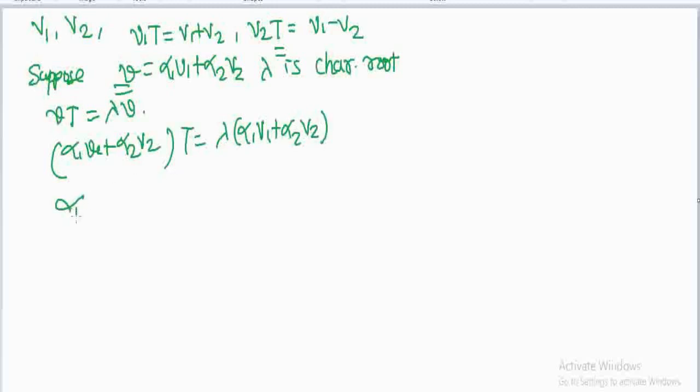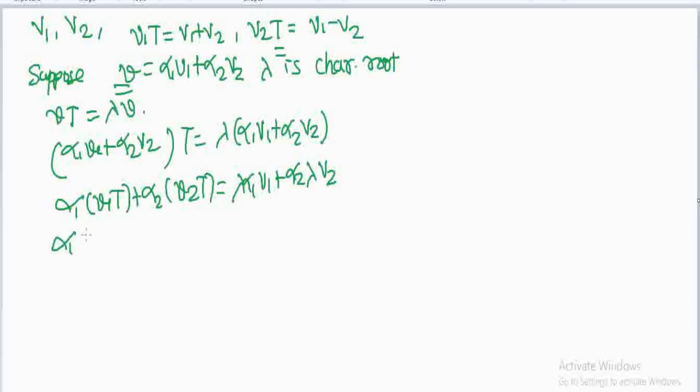This is nothing but alpha 1 into T of v1 plus alpha 2 into T of v2 equal to lambda alpha 1 v1 plus lambda alpha 2 v2. Alpha 1 into T of v1, which is v1 plus v2, plus alpha 2 into (v1 minus v2) equal to lambda alpha 1 v1 plus lambda alpha 2 v2.